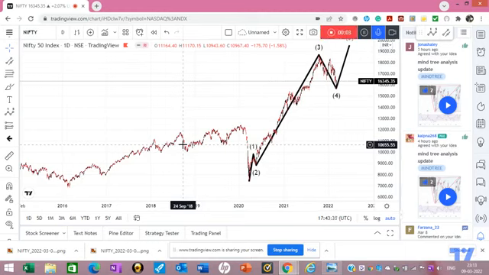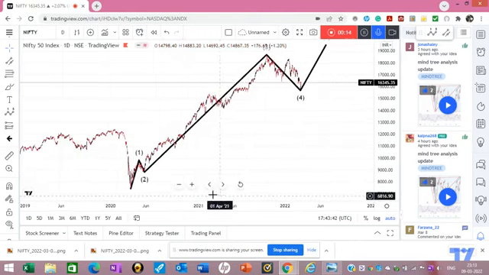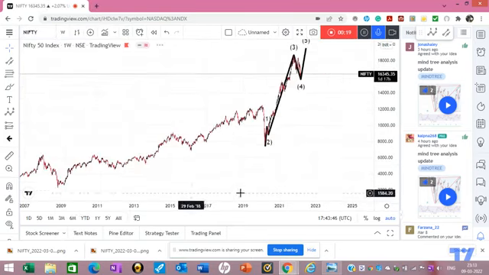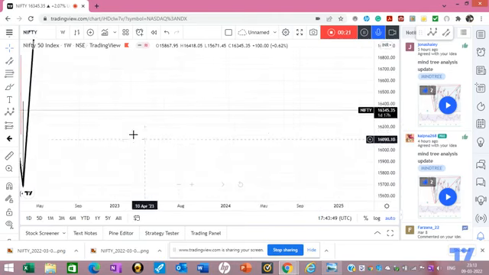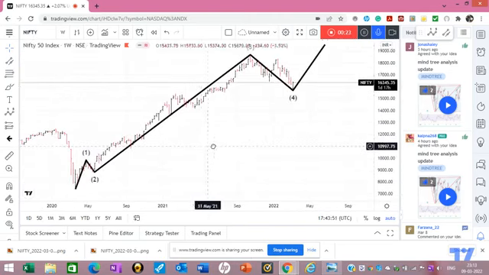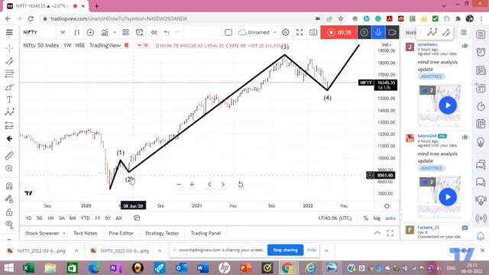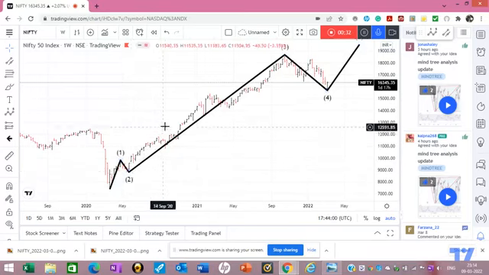Okay, this is Nifty 50 index, and the recent price action has made me think differently. If I look at the weekly chart of Nifty 50, what I had done earlier was I had marked 1, 2, 3, 4, and 5.